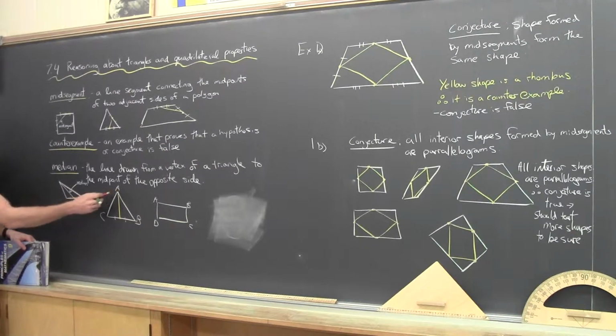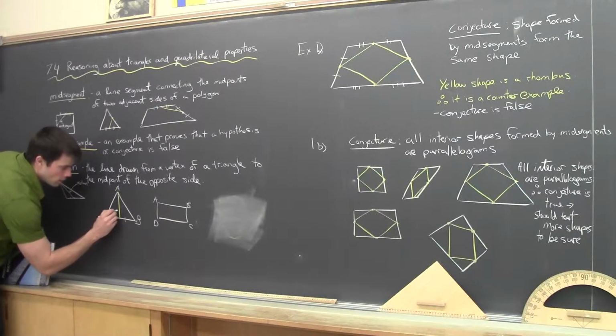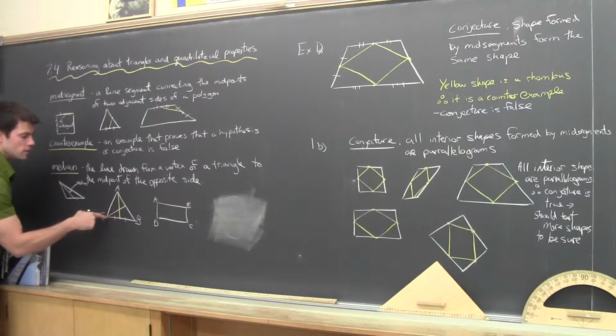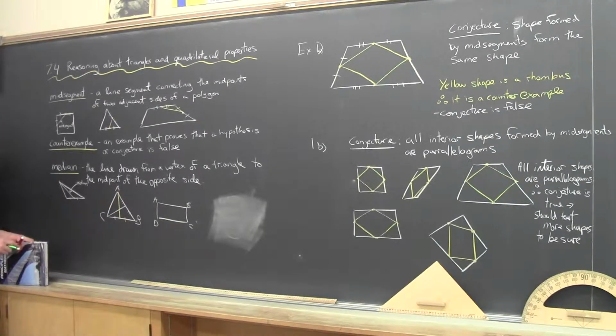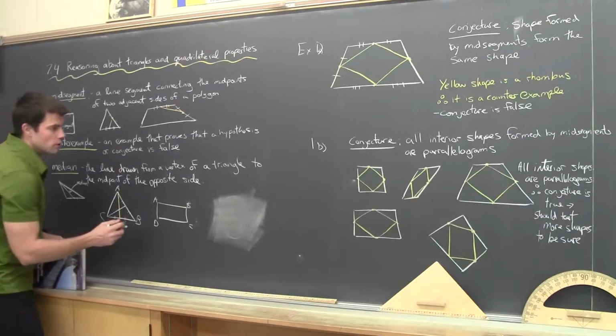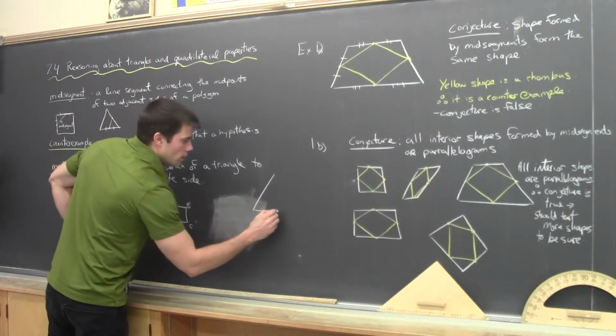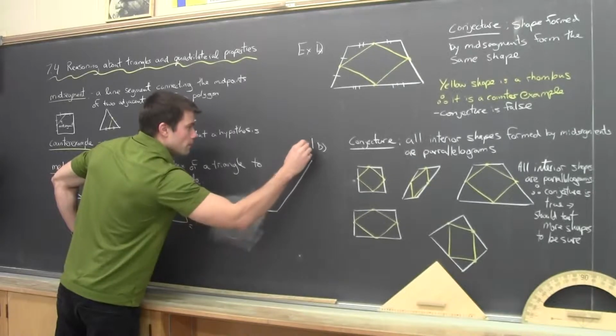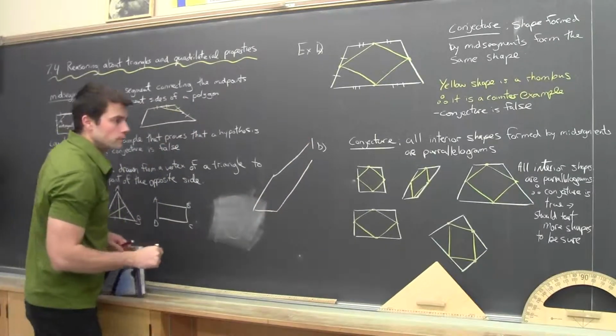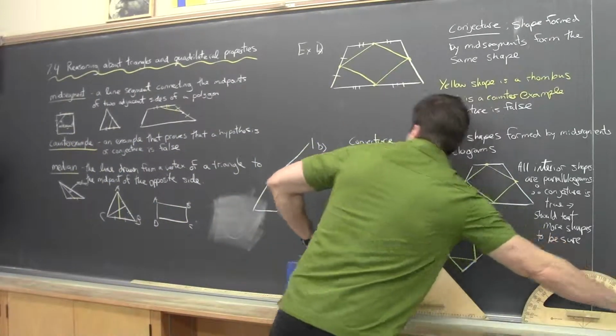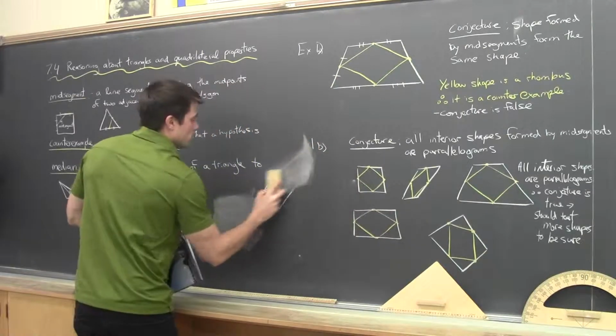So this would be median A. This would be median C, from vertex C to the midpoint of the opposing side. We can do that for any shape triangle, even if we want to give a little bit of a stranger shape.